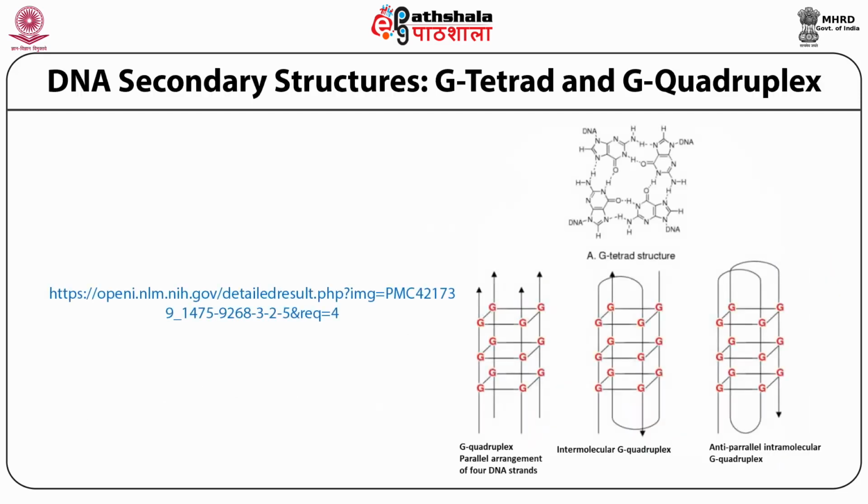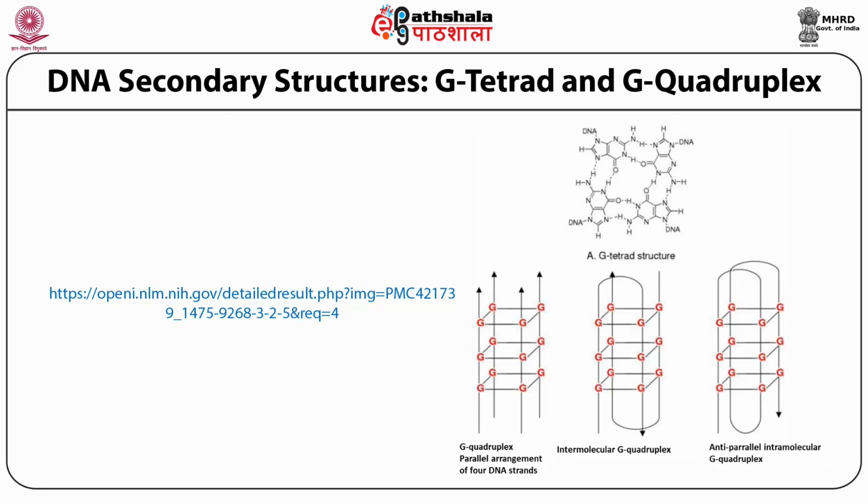We can see not only the triple helix, but that Hoogsteen pairing is very important in forming other kinds of DNA secondary structure, something like G-Tetrad and G-Quadruplex. What happens here is you can see there are 4 base pairs.